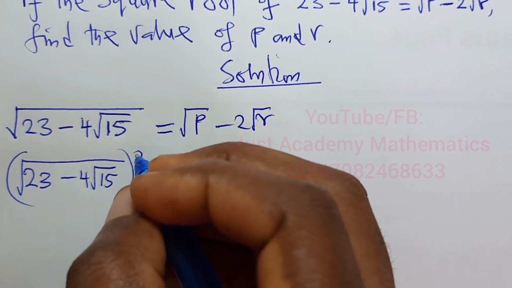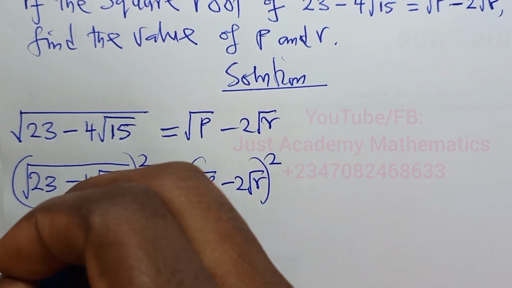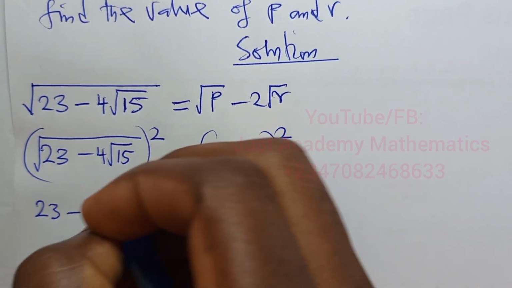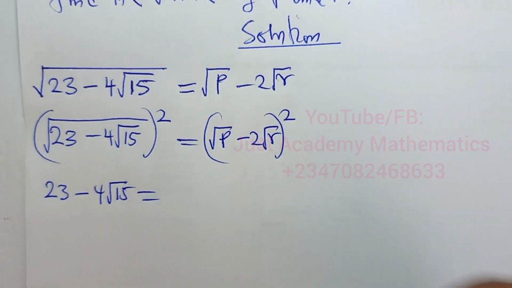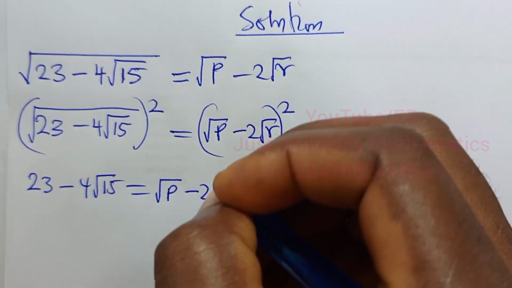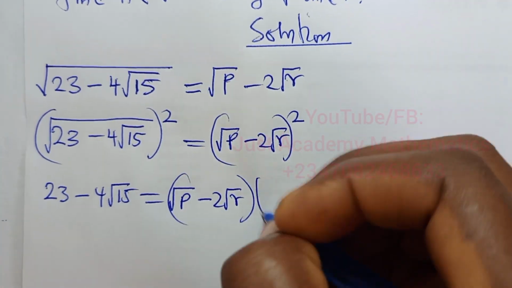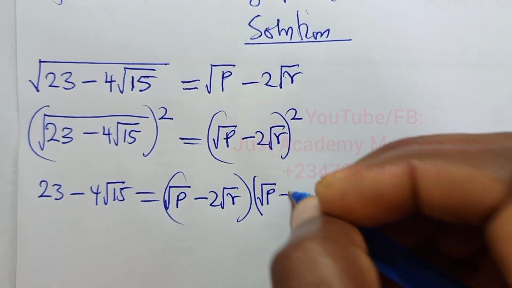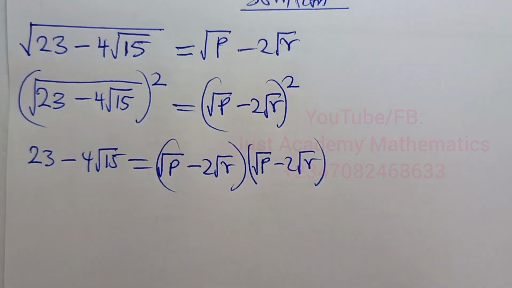Of course, this square will cancel this square root. We are left with ordinary 23 minus 4 root 15, which is now equal to root P minus 2 root R times root P minus 2 root R.